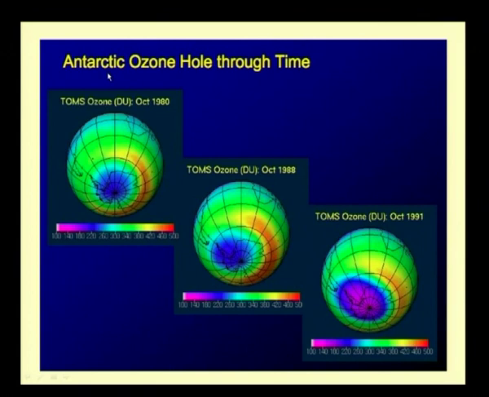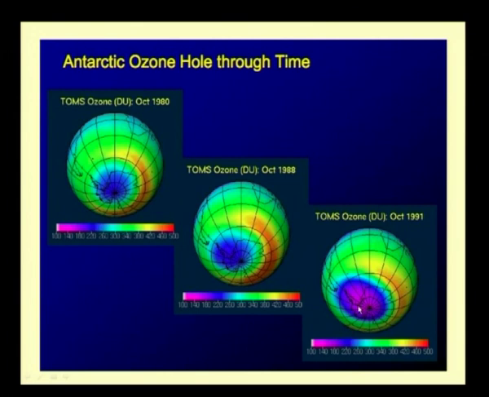And here, as we have already mentioned, the ozone hole, and see the ozone hole that is depicted in 1980, the hole is somewhat small, and in 1988 it is a little bit bigger, and in 1991.